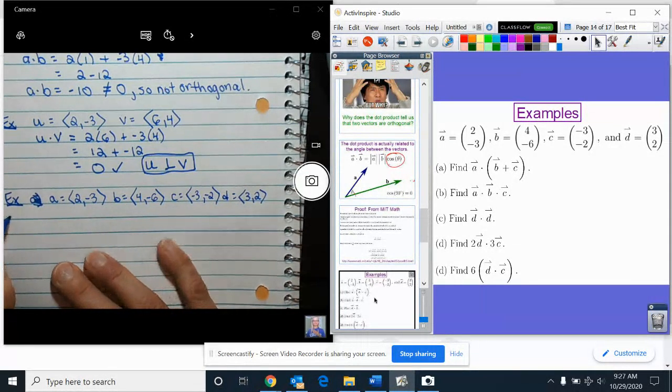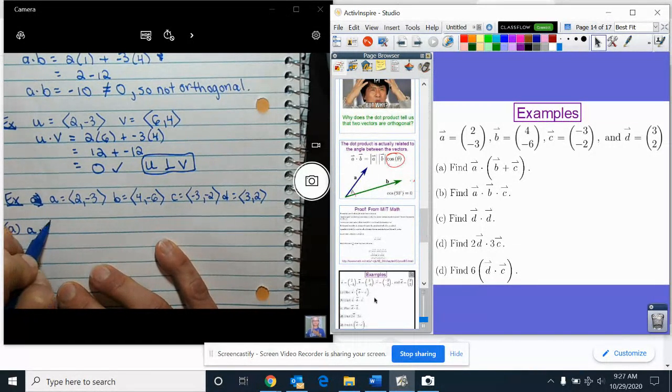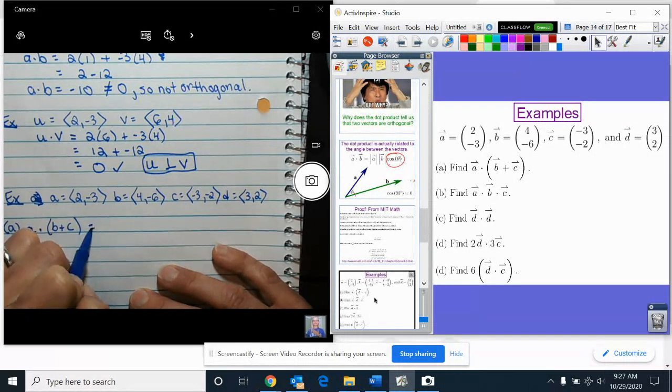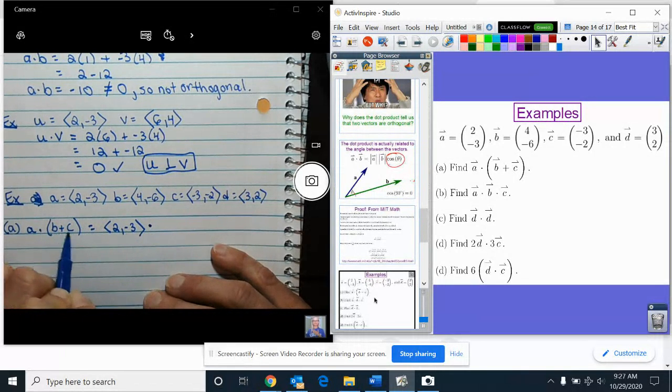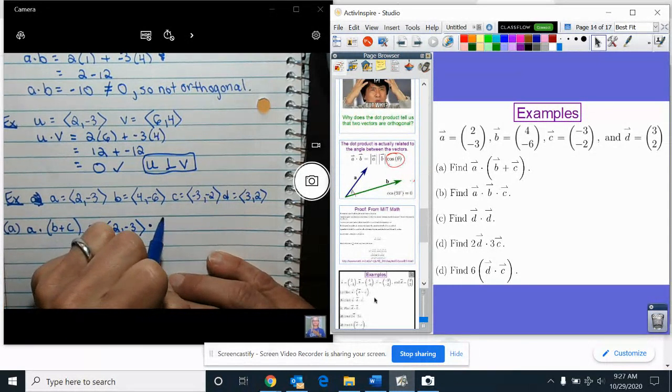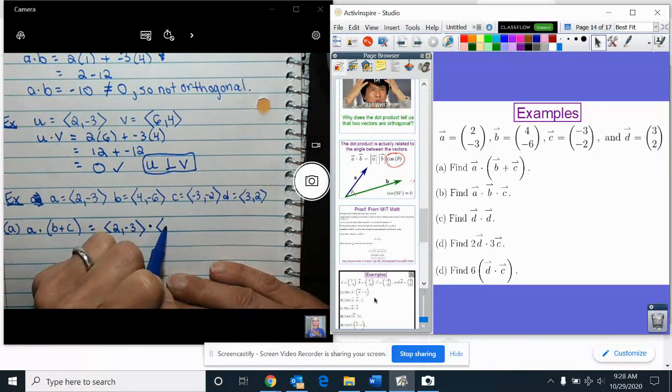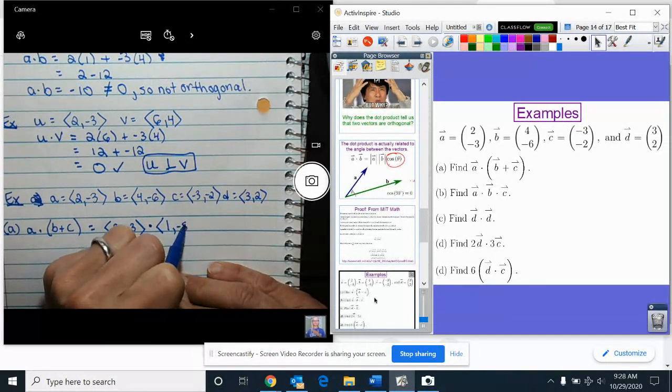If I'm looking at A, I need vector A dot the sum of vector B plus C. And so this is the same as 2, -3 dot the addition of these two vectors. So add the corresponding components of these vectors, and we get 1 and -8.